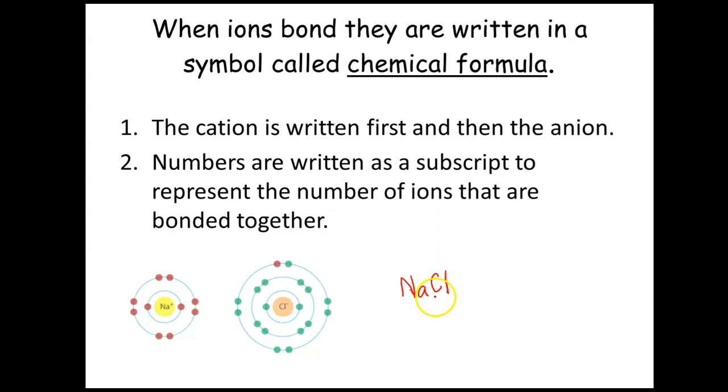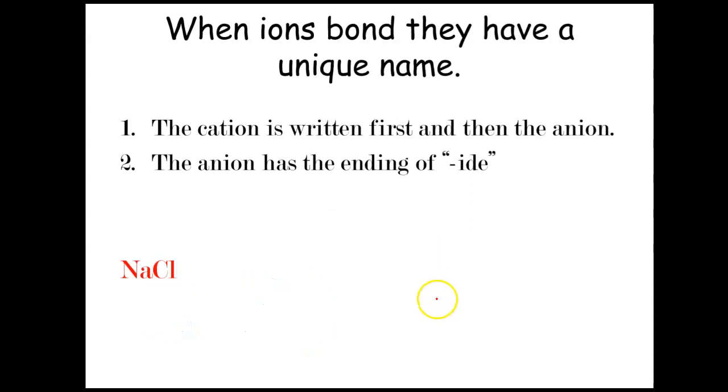So now let's take a look at a second example. Oh, I'm sorry, let's talk about how it is that we actually name them. So in this case, we always write the name of the cation first and then the anion. And when we write the anion, we always end it with "ide."